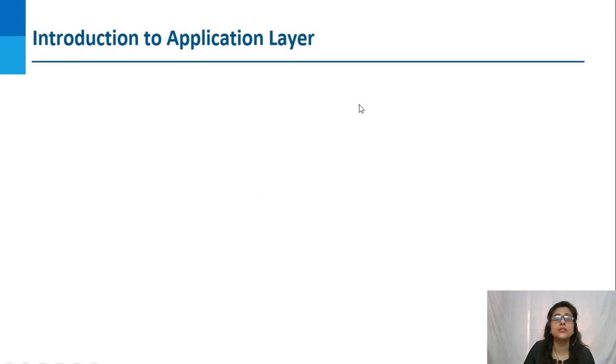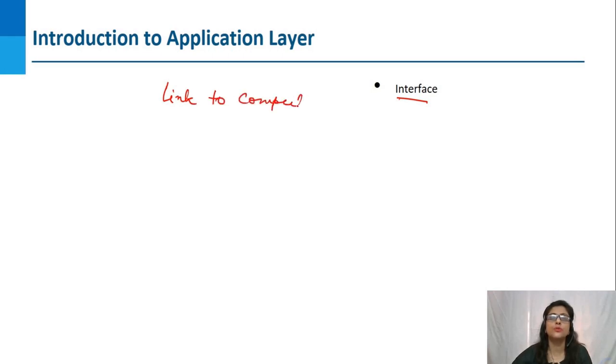Now, there are certain points to be discussed in connection with the application layer. First of all, the interface. What is the meaning of interface? Interface means the point of connection.